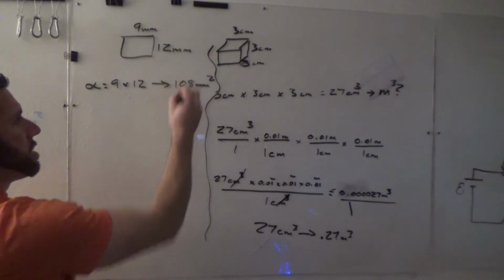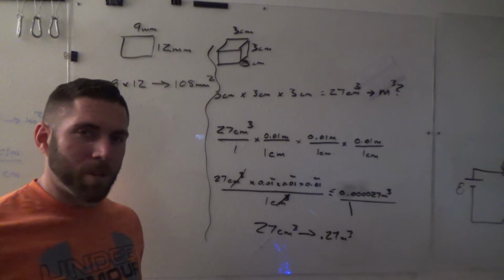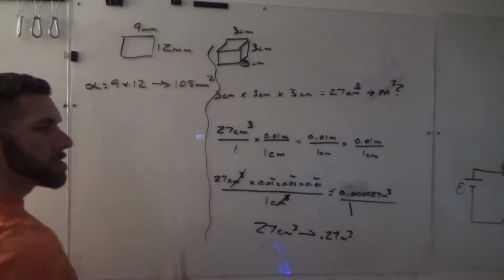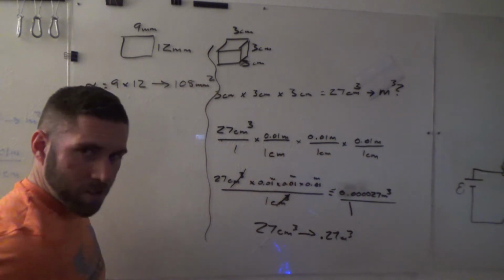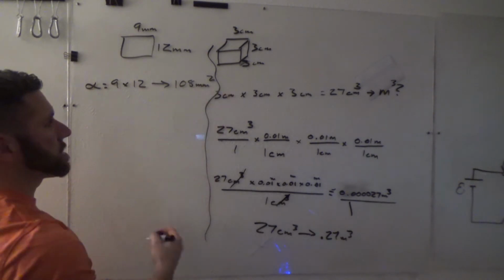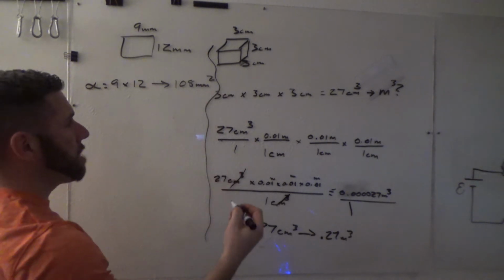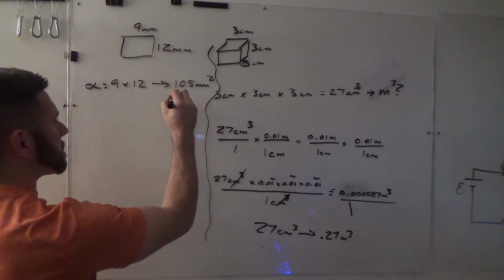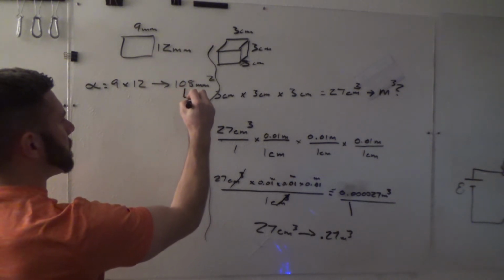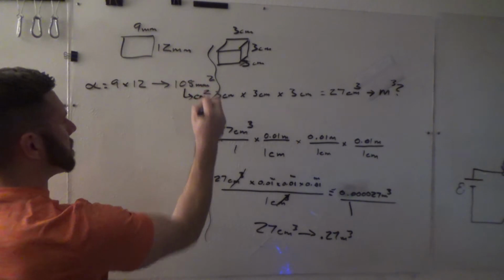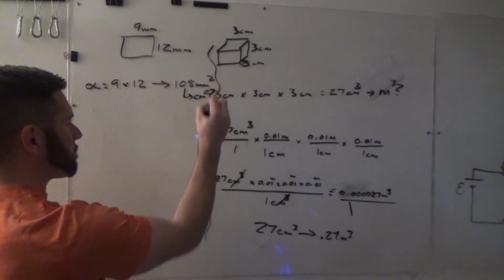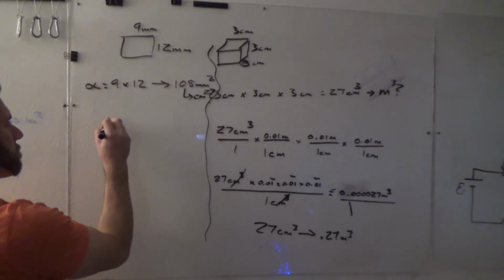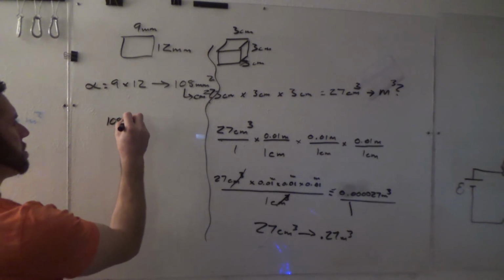Now, if you're not a total damn goofball, you'll understand that the 2 means that many conversions. Again, we're going to take this to centimeters. We'll go from millimeters to centimeters. What is this in centimeters squared? Well, first of all, we got to take 108 millimeters squared.